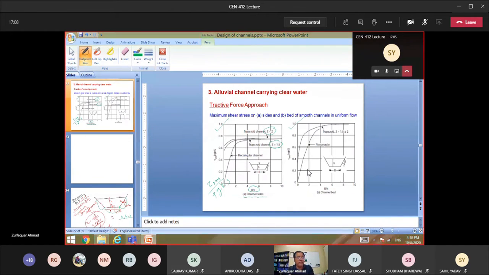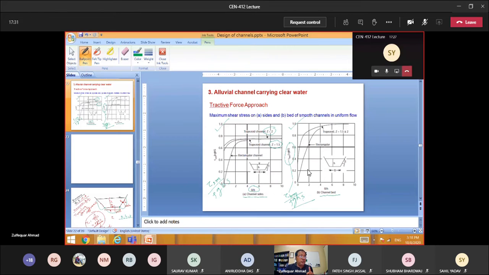This is on the channel bed, and the only change in notation is that in place of tau S, we write tau BM, while rho G S remains the same. Please note this down.